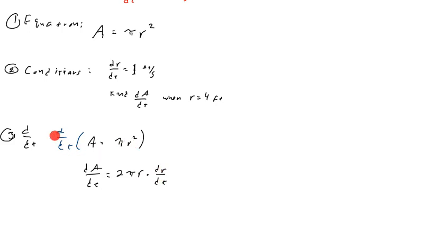Same thing as with implicit differentiation. The dr/dt comes from the derivative because of d/dt. So the r has a derivative as well, because it's a derivative with respect to time.